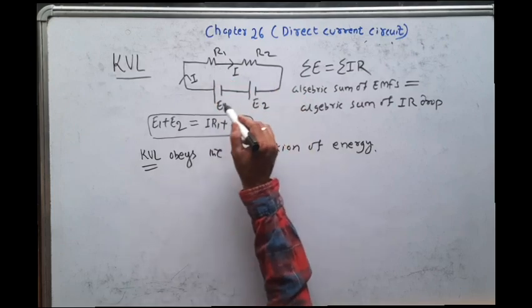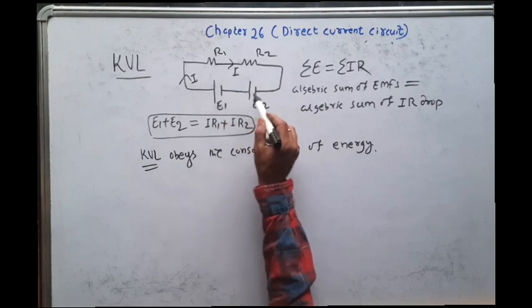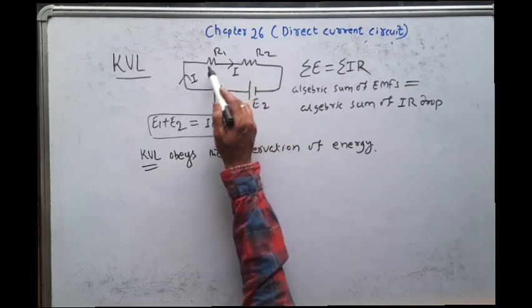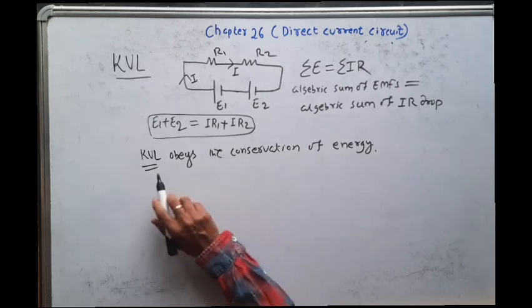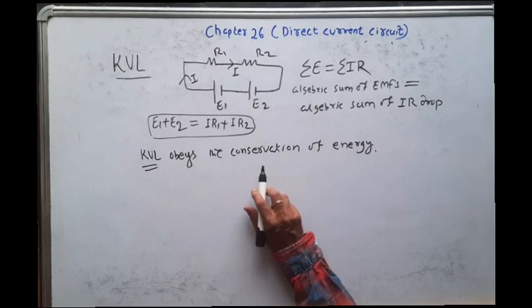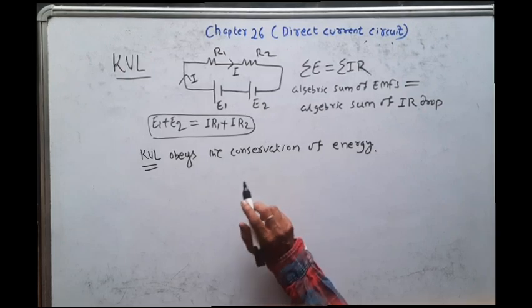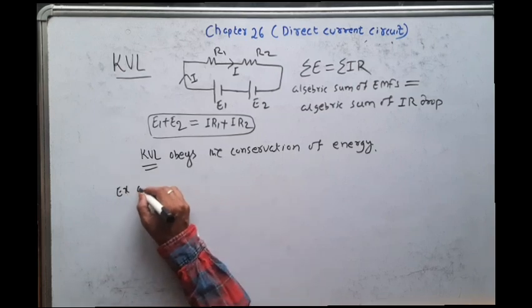So the total energy supplied by the EMF is equal to the total energy dropped in the resistors. So KVL obeys the law of conservation of energy. I think it is clear. So next, what is the example? What is the example of a DC circuit?